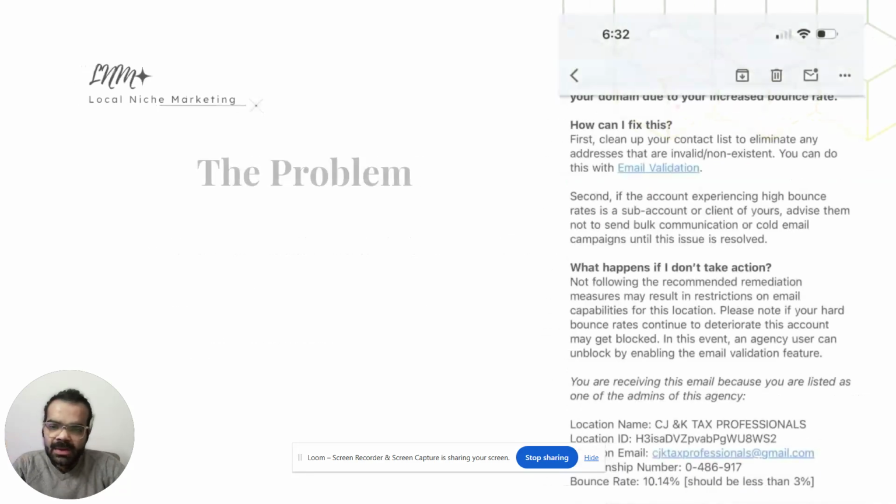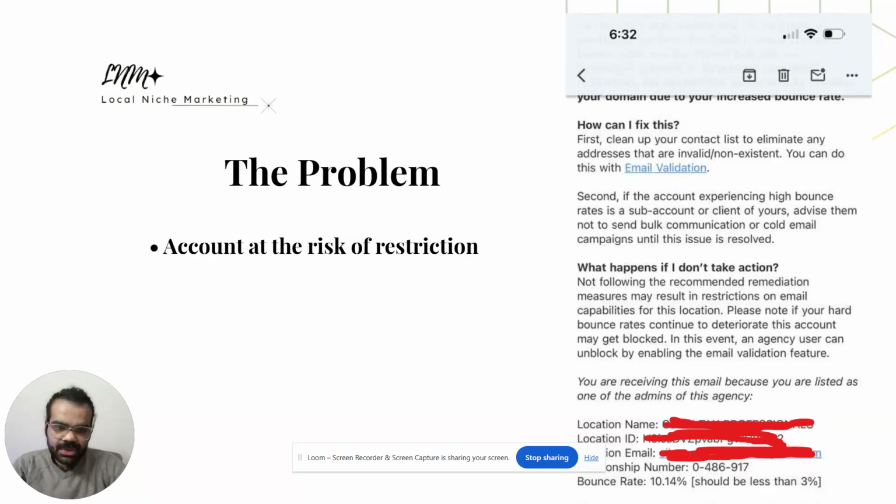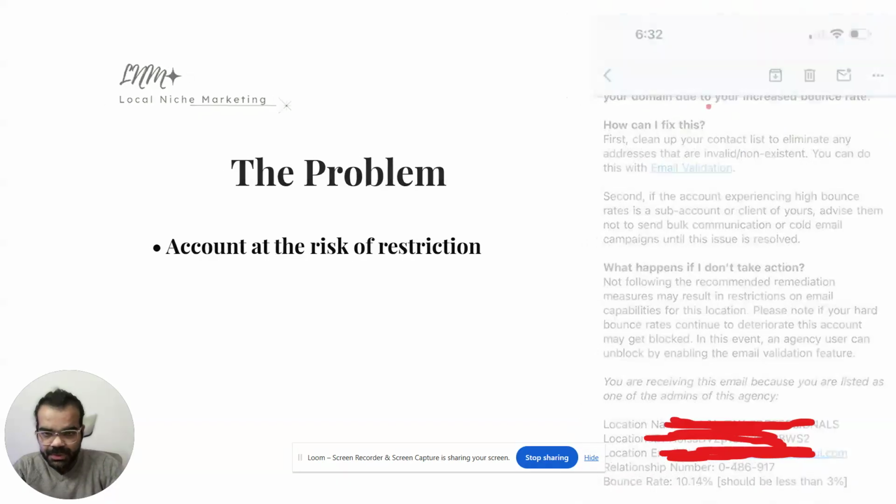And also, the account was at the risk of restriction. You can see here, may result in restriction on email capabilities, hard bounces. Because of the hard bounces, they were having this restriction issue.